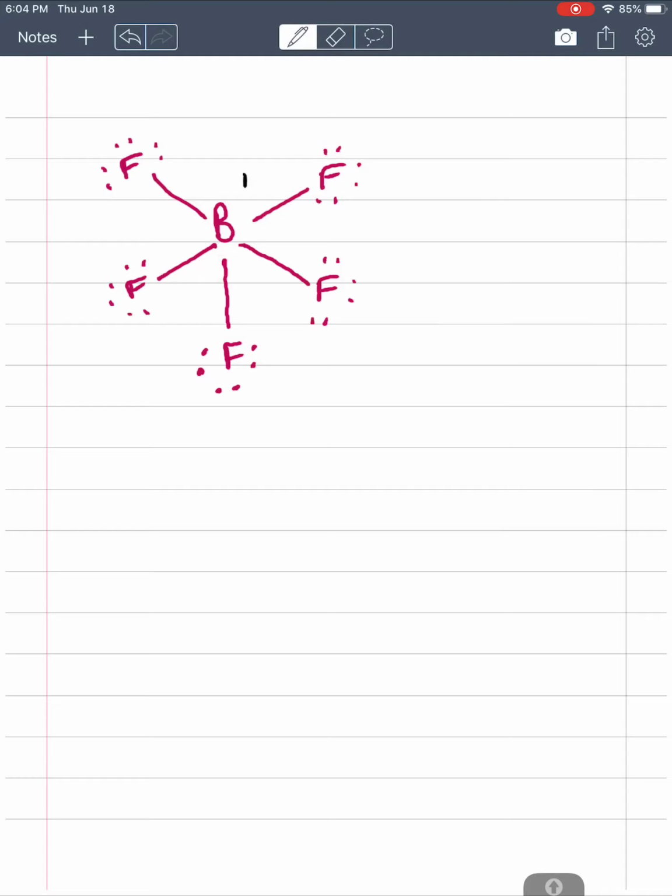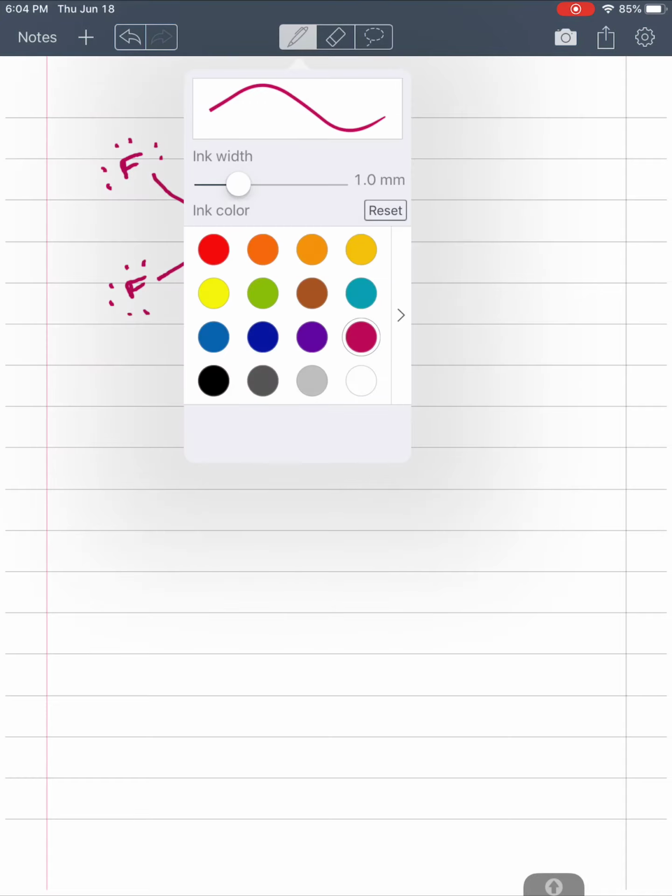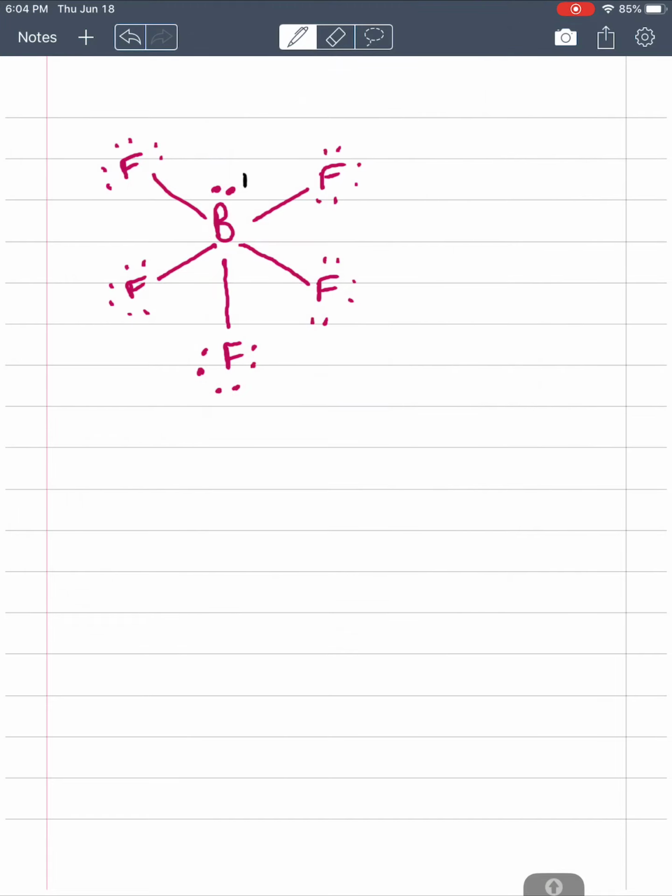I'm just going to put the lone pair close to the bromine so that you can see better that it's attached to the bromine. So that's 1, 2, 3, 4, 5, 6 groups. And there goes my phone again. Sorry about that, guys. 1 lone pair.